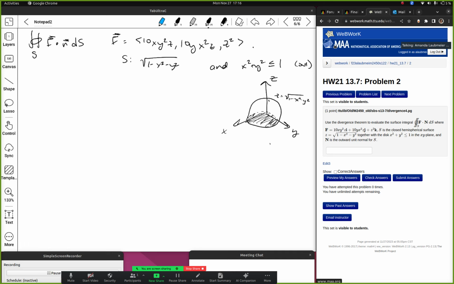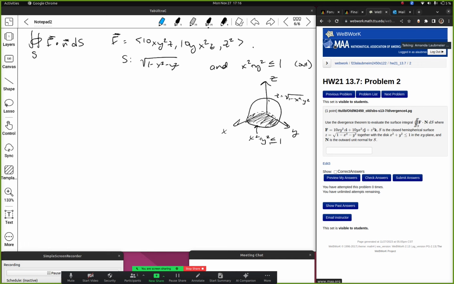This shaded region down here is a circle with radius 1 in the xy plane. Taken together, this whole thing is, I don't even know, like a bowl with a lid sitting upside down on a table.